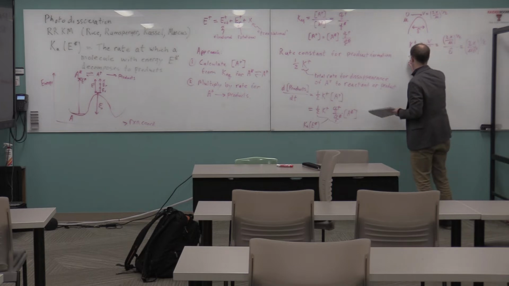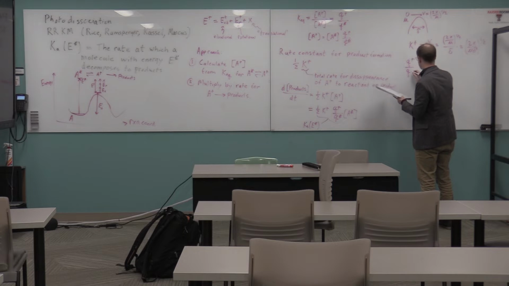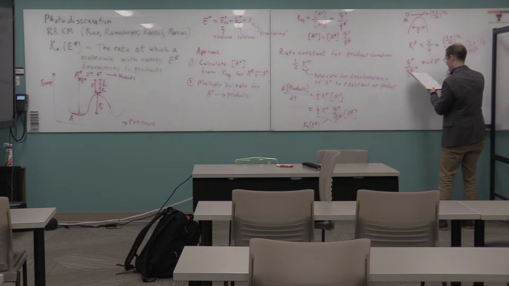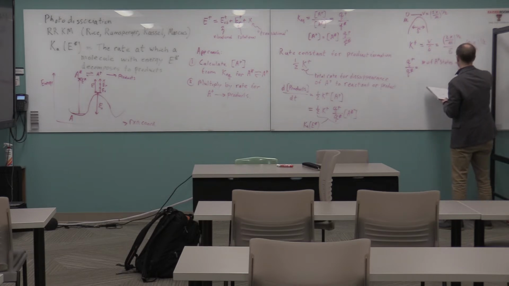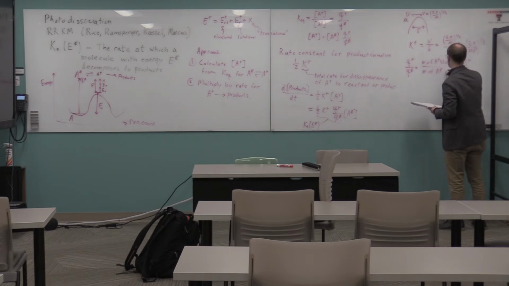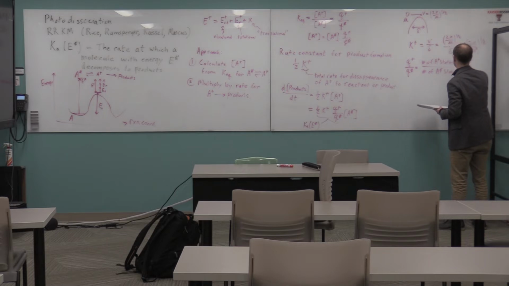So Q plus over Q star, that's the number of states at energy E plus divided by the number of product or reactant states at energy E star.